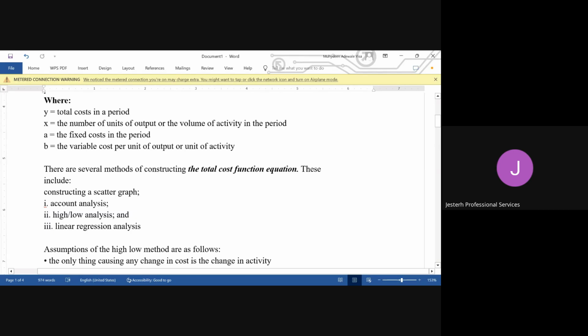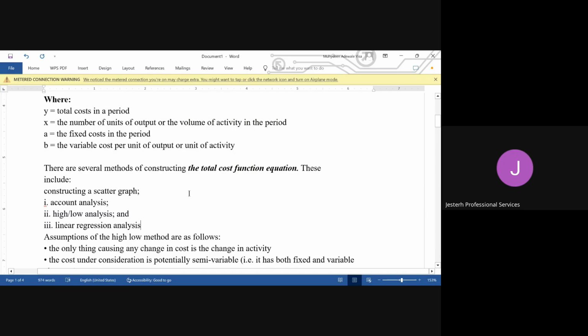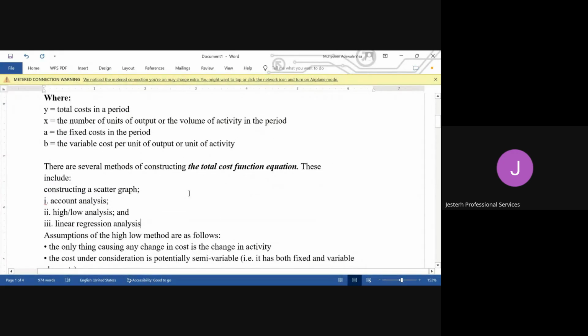And when I was checking in the afternoon to see how I can test these methods that we can use to determine the cost function, I realized that the major two that they have tested so far are the high and low method and then the linear regression analysis method, which means we are going to focus on the high and low method that will help us to determine our variable cost per unit and then the fixed costs as well.